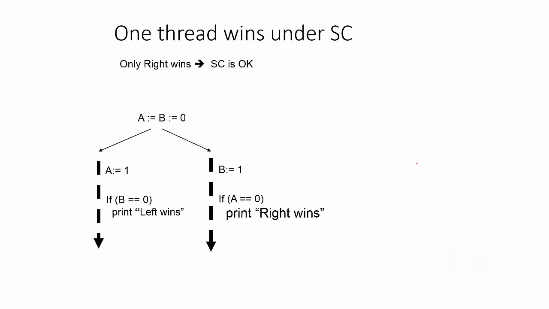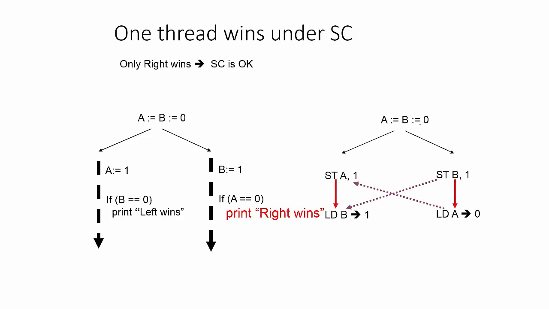Let's see how this graph looks if the right side wins here. Well, we still have the program order here and here. Right wins means that A is 0. That means that this load here has to happen before the store here. That's okay, that can happen. And then load B here will return 1.